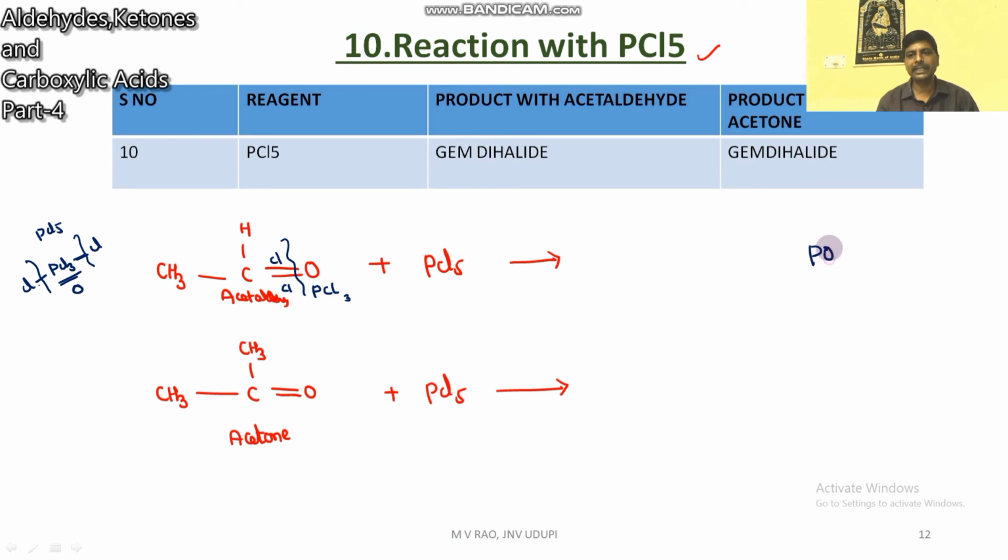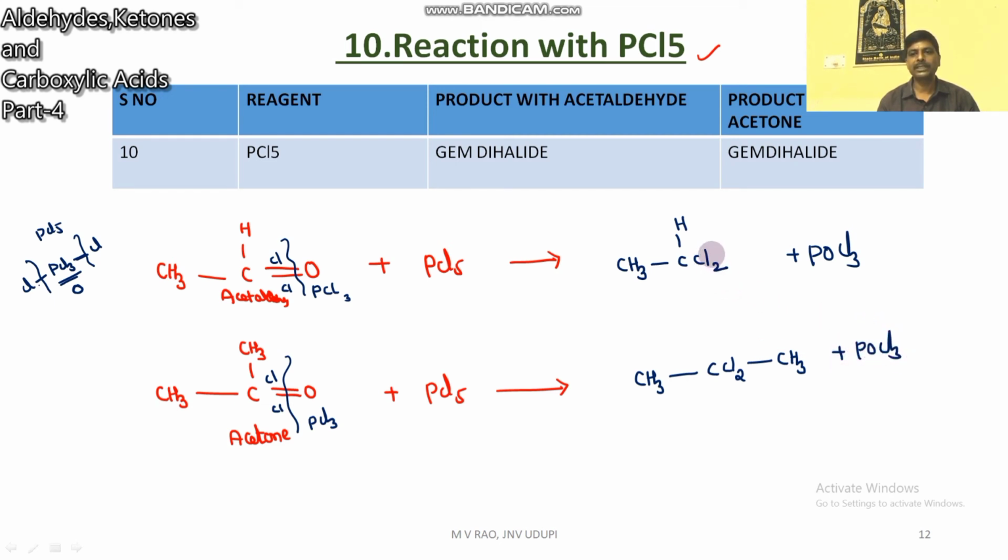So POCl3 is one byproduct. What is the remaining? CH3CH, instead of the double bond, two bonds with Cl will form. The same here, PCl3 Cl Cl. Then the product is CH3CCl2CH3 plus POCl3.